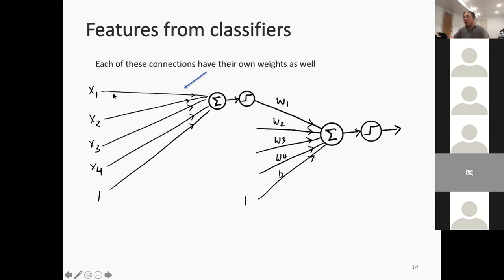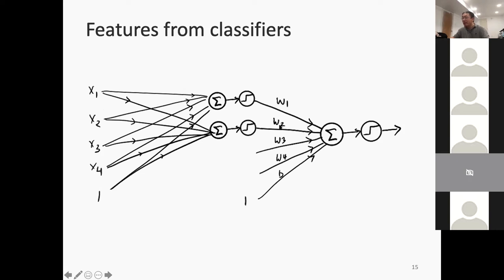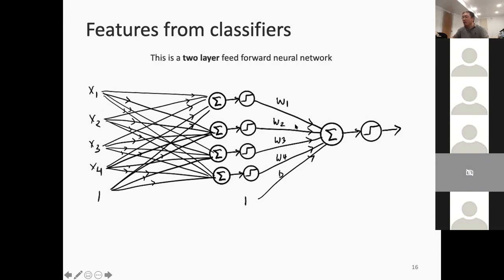So we first use x1 to x4 and 1 to construct the first linear threshold unit. Then we use that output as the input for this particular linear threshold unit. Similarly, we can construct another linear threshold unit to generate a second output, which serves as the second input of this linear threshold unit. You can do it again, and get another linear threshold unit to get the output to serve as input of the final linear threshold unit.